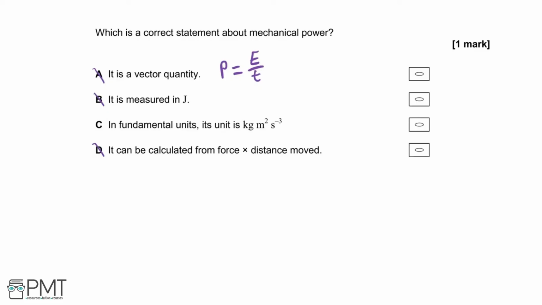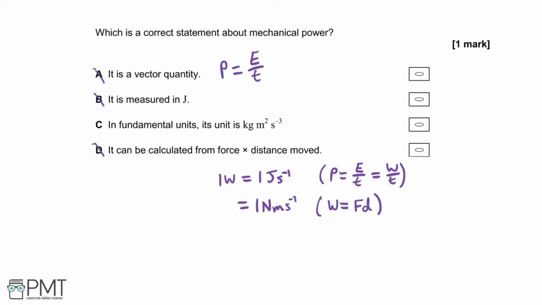First of all, power is equal to work done divided by time. So we can say that 1 watt is equal to 1 joule per second. The next thing that we can say is work done is equal to force times distance moved. So actually work, instead of being in joules, is in newton meters. The next thing that we can say is a newton can be written as a kilogram meter per second squared because force equals mass times acceleration.